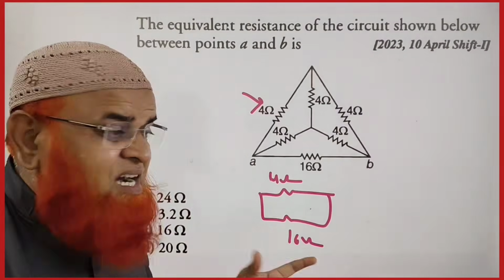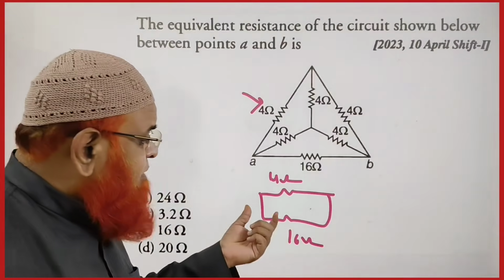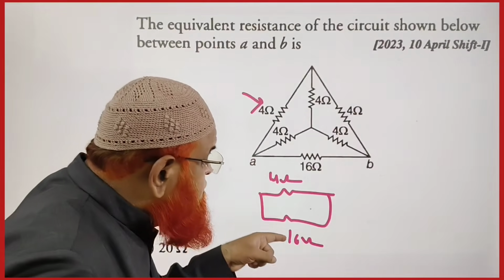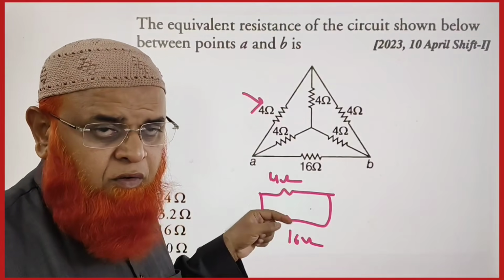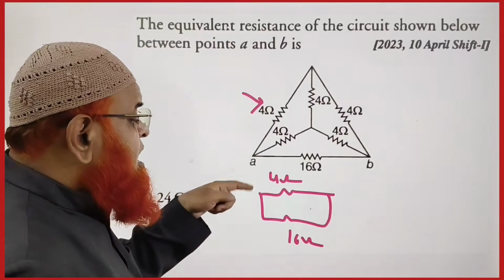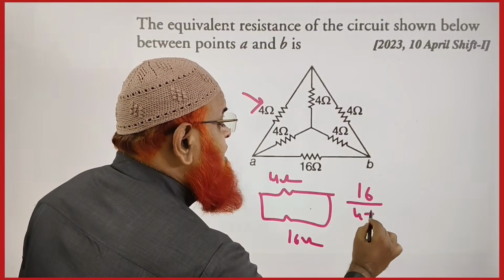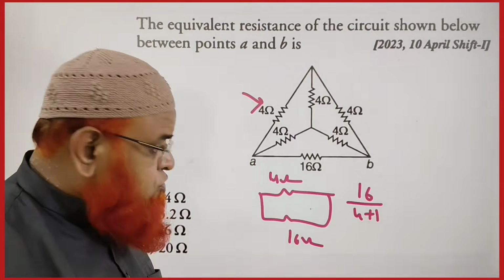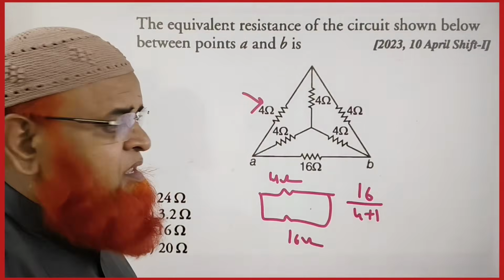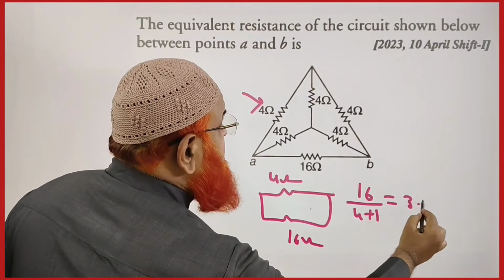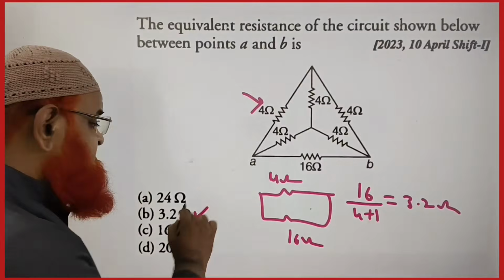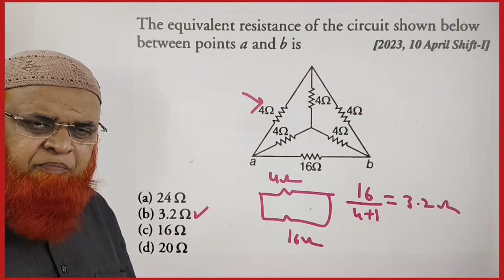And you have to find out the resultant of these two. If you observe, 16 is 4 times that of 4. That means 4 fours are 16. If it is 4 times that of 4, then you have to add one extra to 4 and divide with 16. Then your answer is going to be 3.2 ohms. That's it. This is a shortcut method to solve the problem.